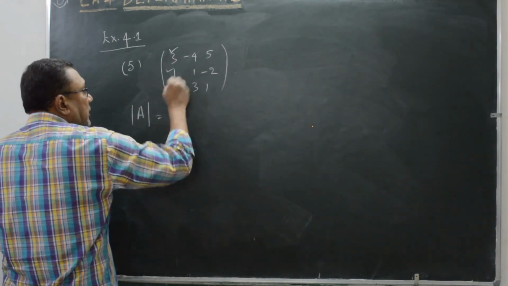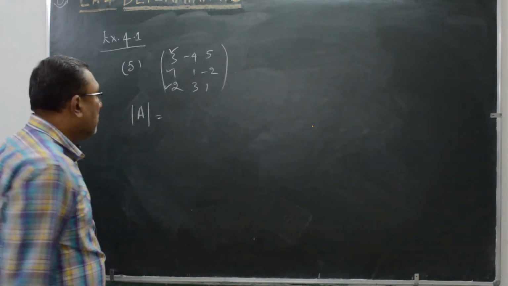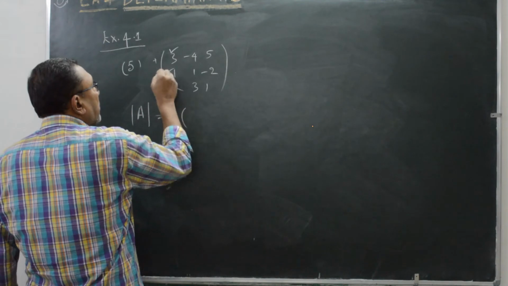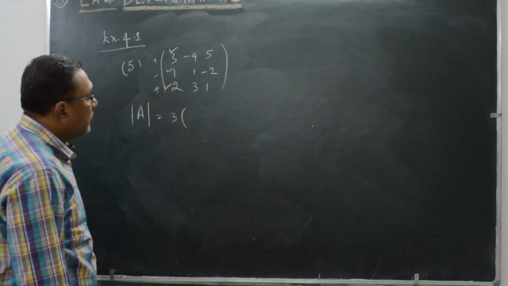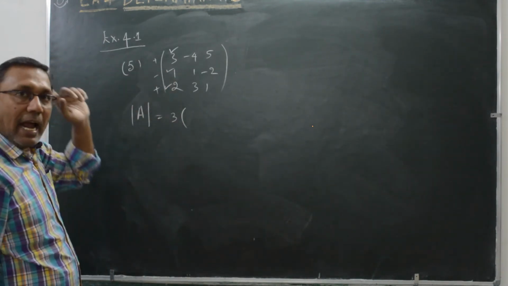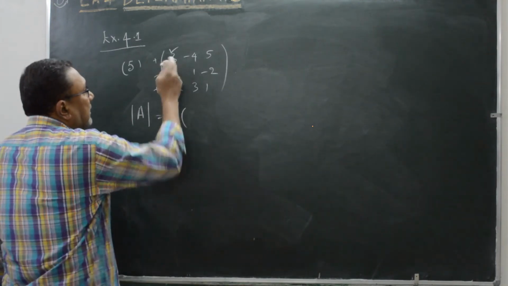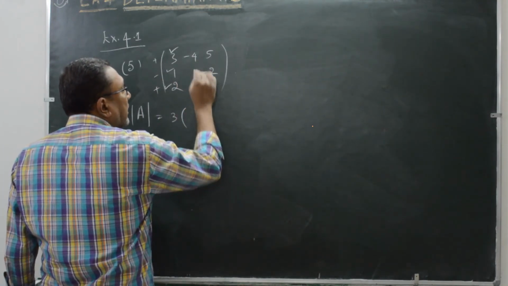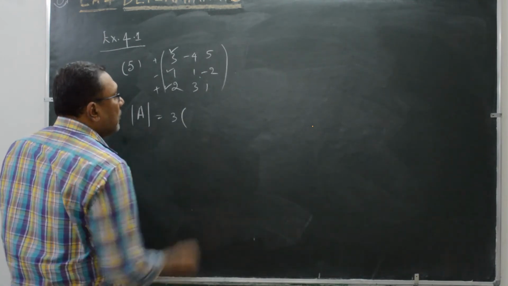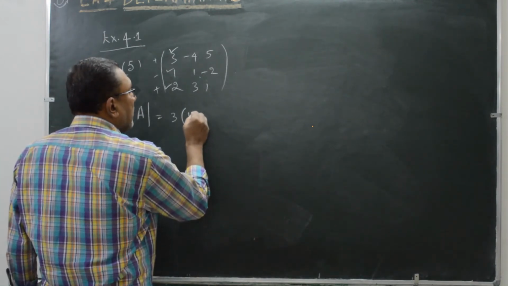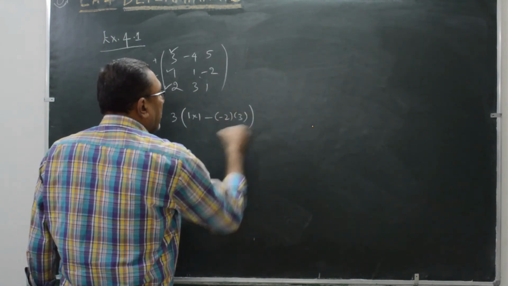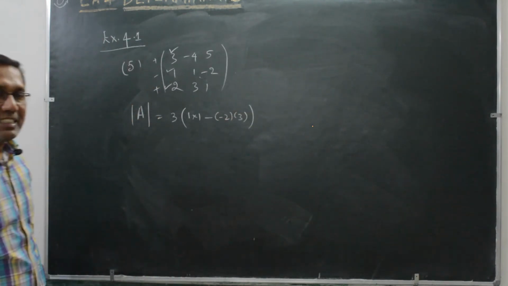I will expand it through the first column. Let us take 3. I told you the same signs are associated: plus, minus and plus. So, I will take the 3, and when you are taking 3, these two are to be considered: 1, 1, minus 2, 1 into 1 and minus of minus 2 and 3.